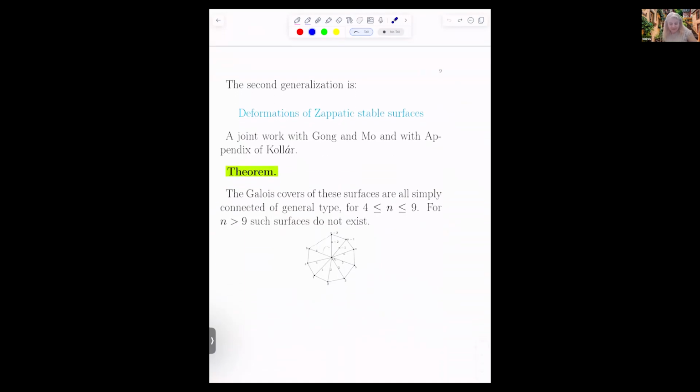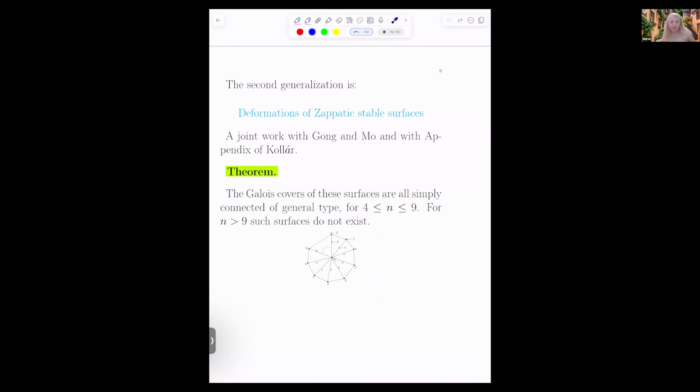The second generalization is a deformation of Zapatic stable surfaces. This is a joint work with Gong and Mo and with an appendix of Janusz Kollár. So you can find this paper on the arXiv. So we succeeded to prove that the Galois covers of these surfaces are all simply connected.